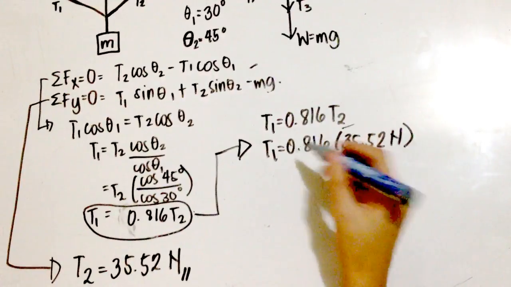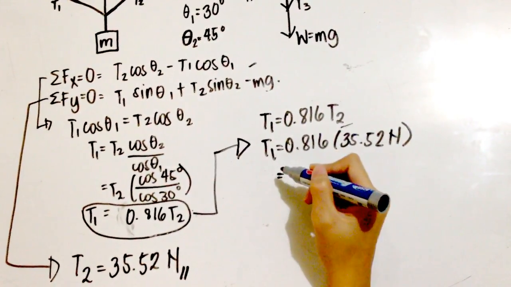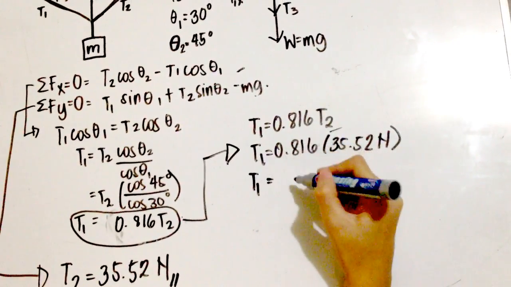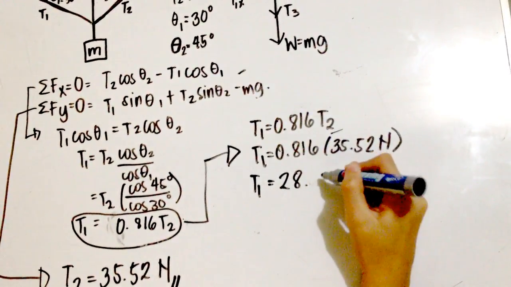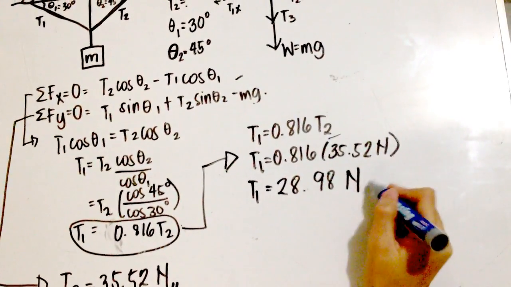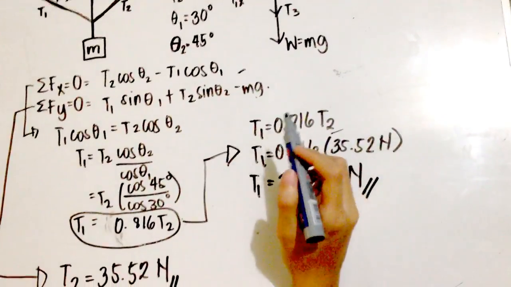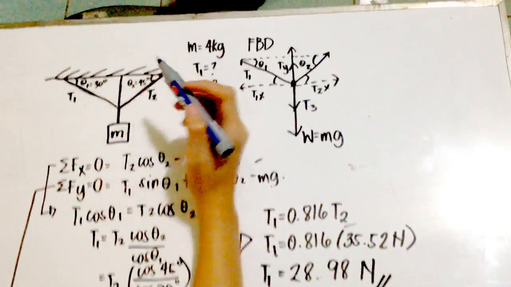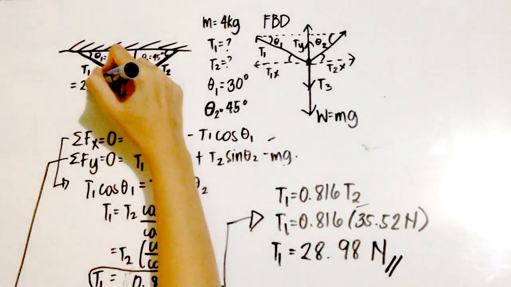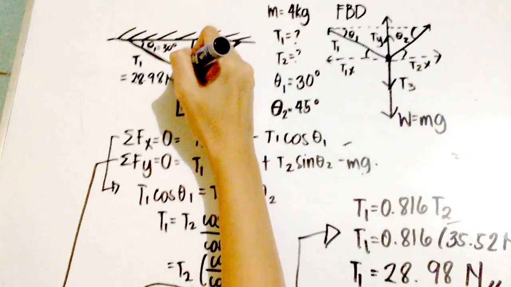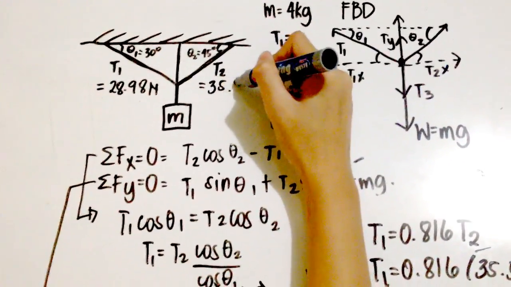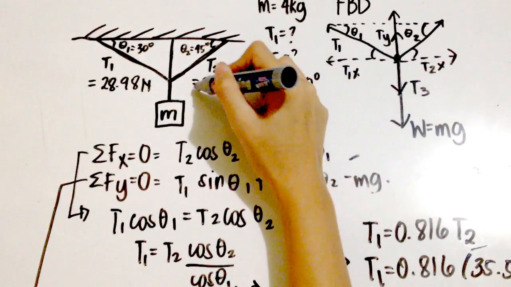Then we'll have the final answer for the first tension, or T1, which is 28.98 Newton. So here's the final answer. So let's go back to our diagram. So the T1 would be 28.98 Newton, and the tension 2 would be 35.52 Newton.